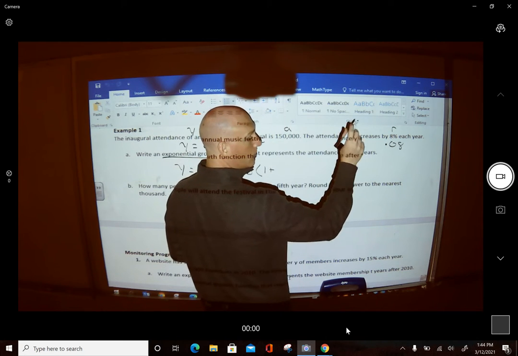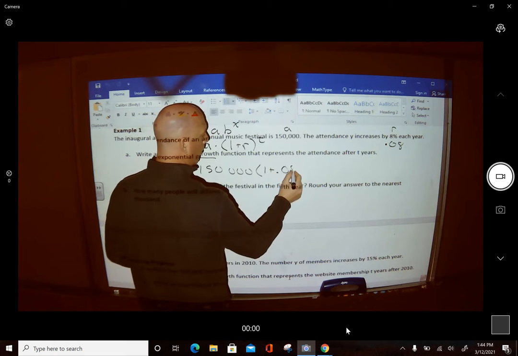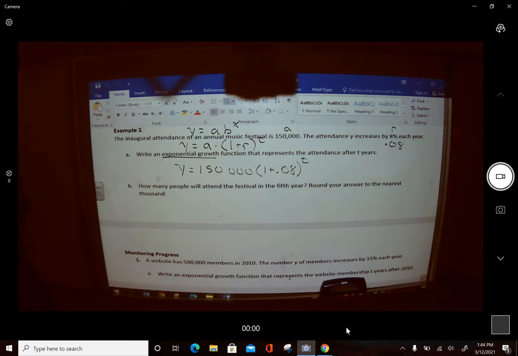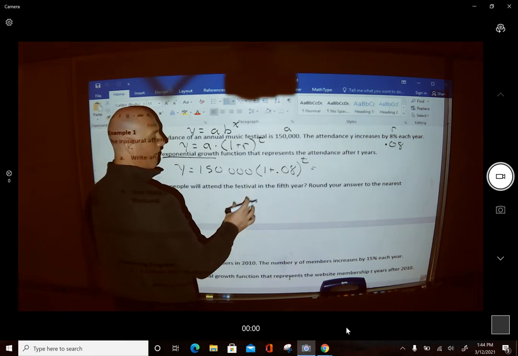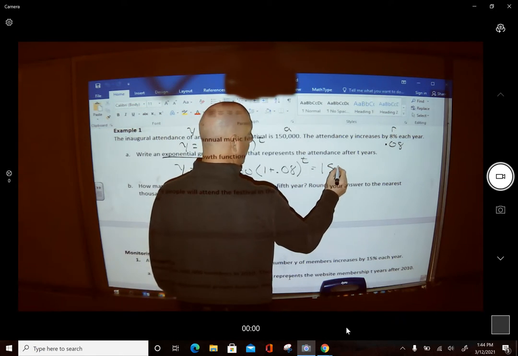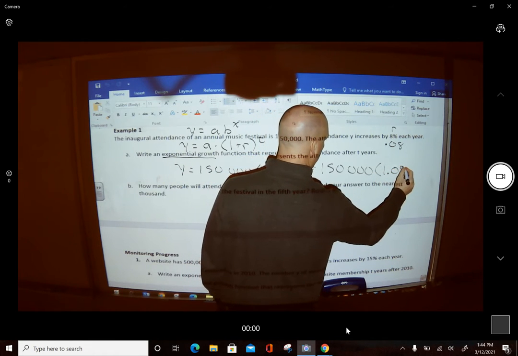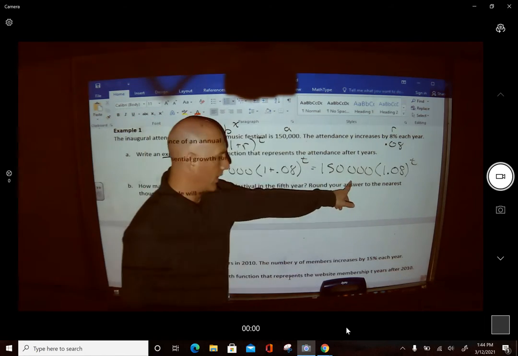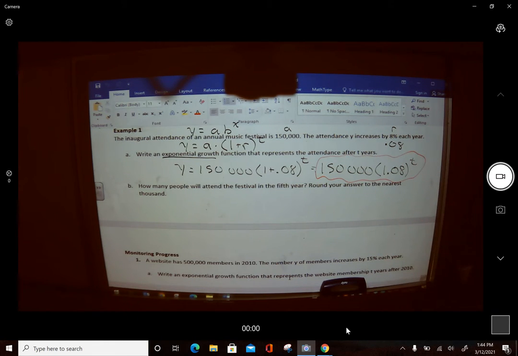Remember, percent to decimal, you move it two places. So 1 plus 0.08 to the t, because it's t years. Now, you need to combine these so it looks like a factor. So we're at 150,000 outside of 1.08 to the t. This is your final answer. And when you're working on these things on your homework, make sure that it gets put in that way.